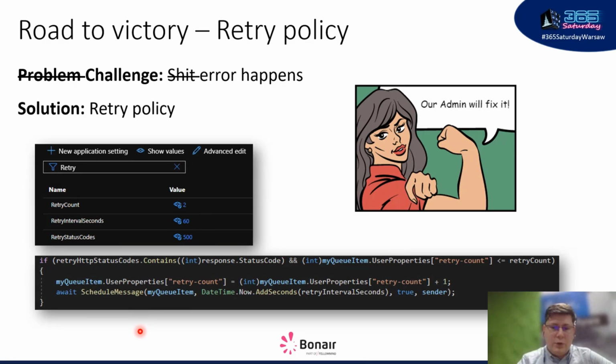I just added a few lines of code. Well, it's not our exact implementation, but it can give you information how easy it is to make this retry policy on Azure.